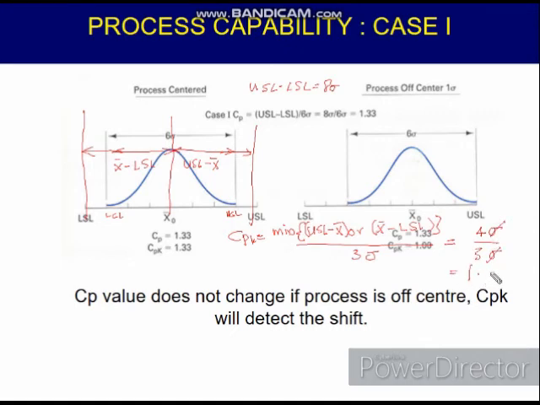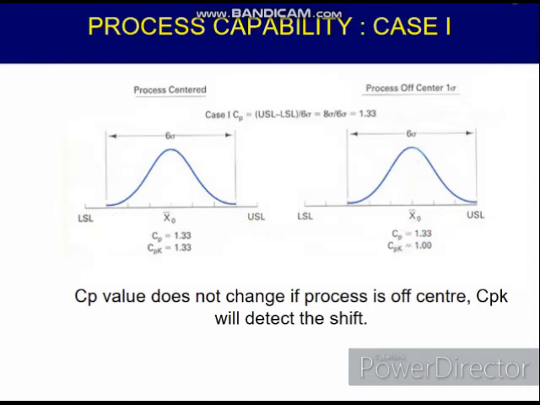You get 1.33, right? So either you calculate CP or CPK, you get the same value because the process is centered.